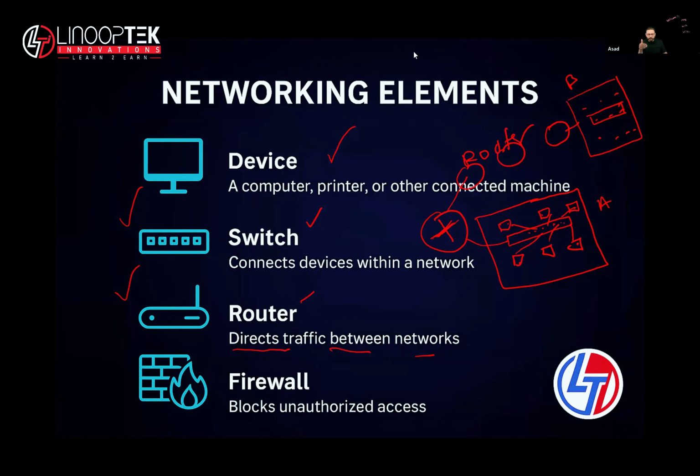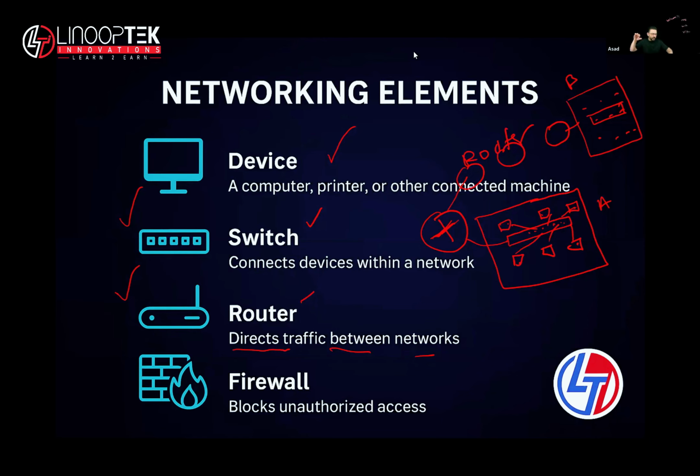And then if I ask you, tell me what is the switch in simple words. Switch connects devices to a network. What is the definition of a router? Router connects networks. You have A network, you have B network.